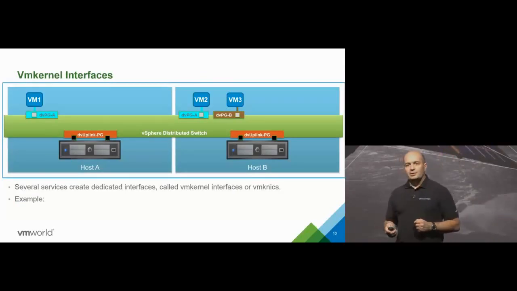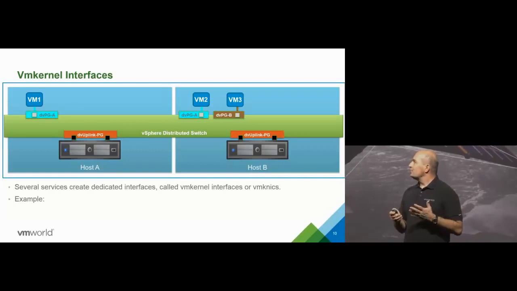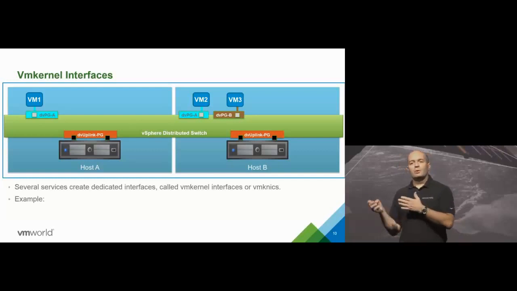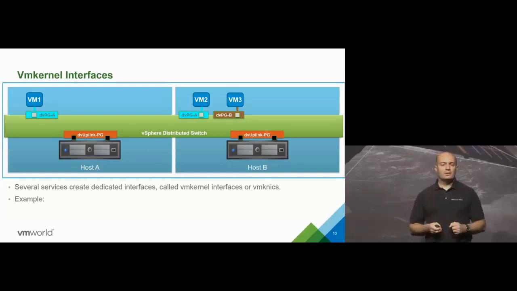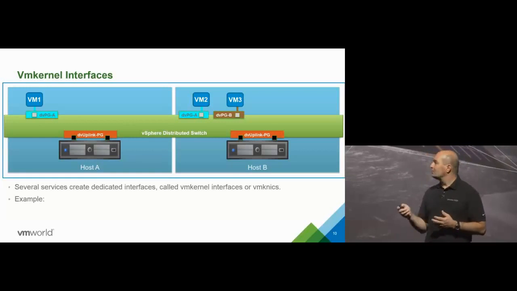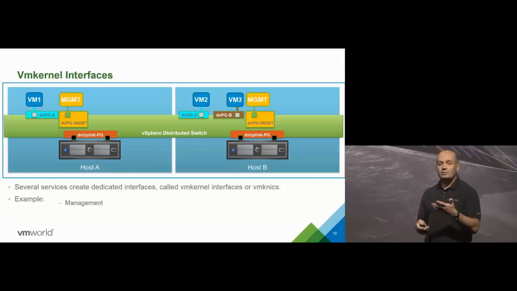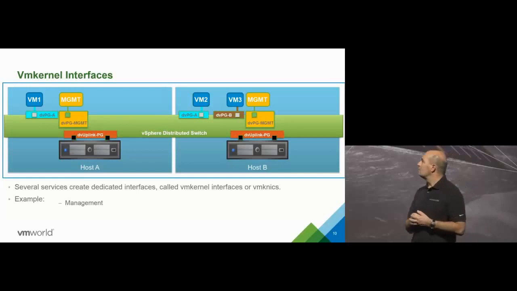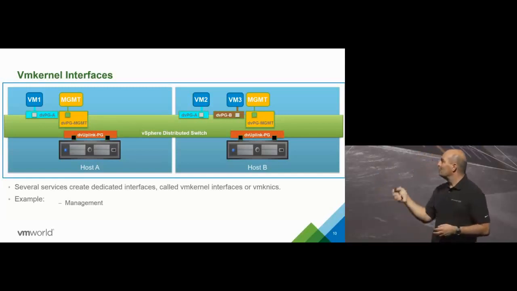Another concept that I need to introduce very quickly is the concept of VM kernel interfaces, or vmknics. Of course, virtual machines need connectivity to the network, but they're not the only ones on a host. You also have some local services that need to communicate through the network, and for this, we're equipped with this VM kernel interface, even if it's actually not represented in the diagram.